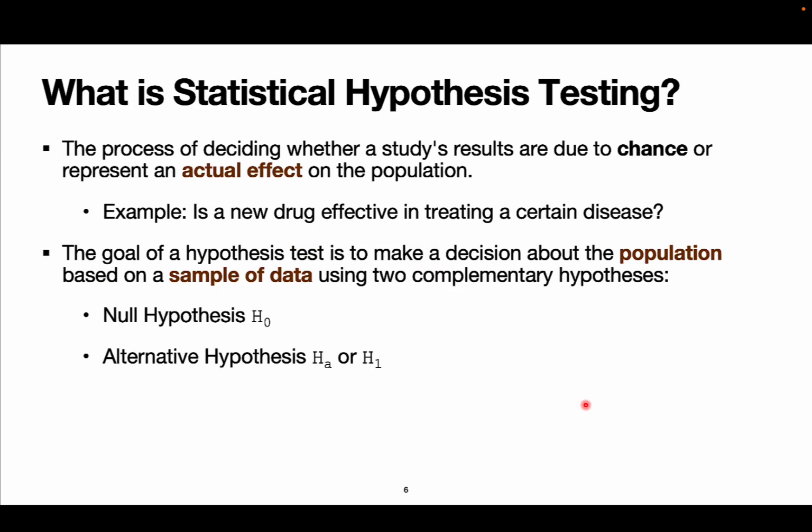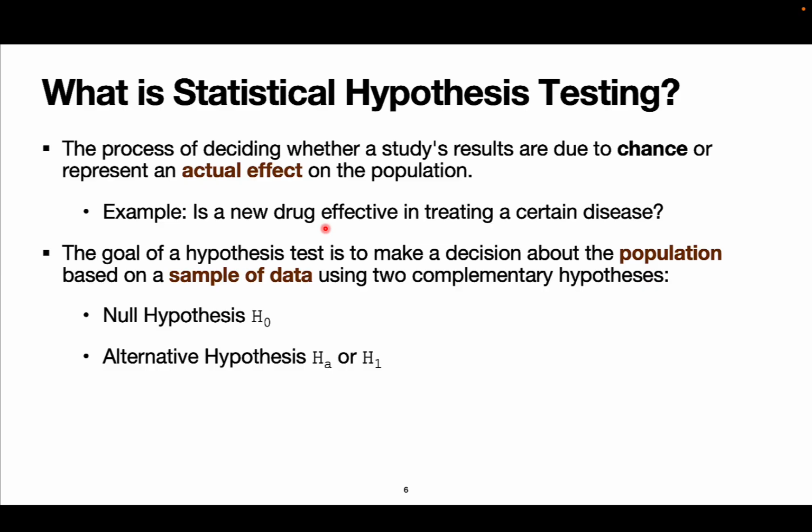What is statistical hypothesis testing? During the scientific method, we conduct experiments and obtain results. For example, testing the efficacy of a new drug or a new vaccine. Do these results have any statistical significance for the population?